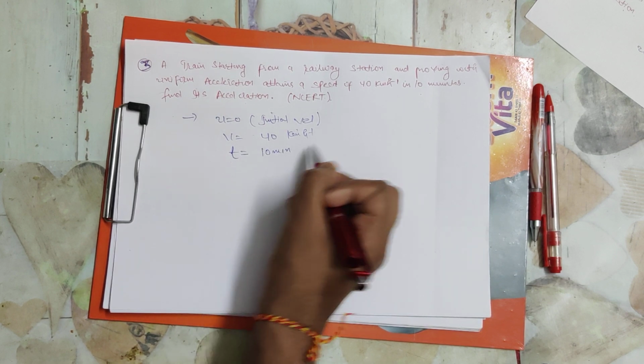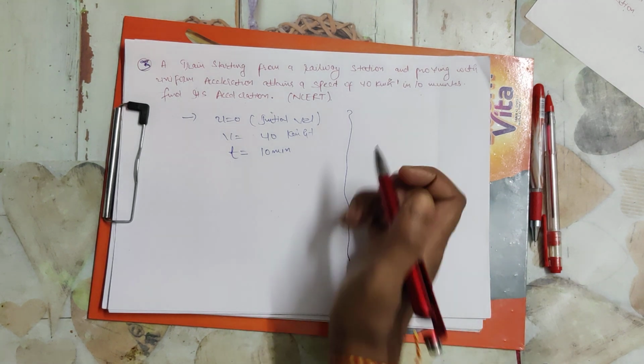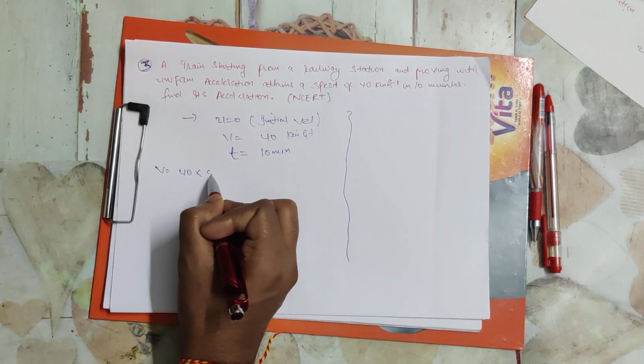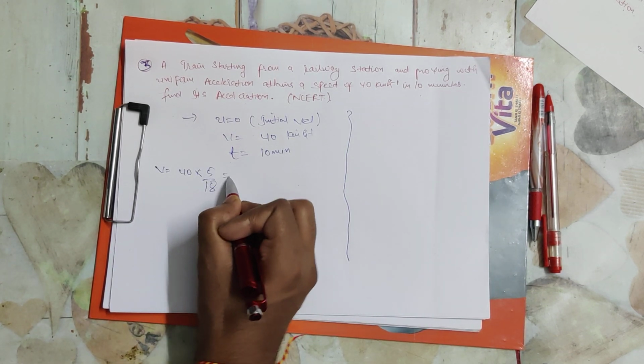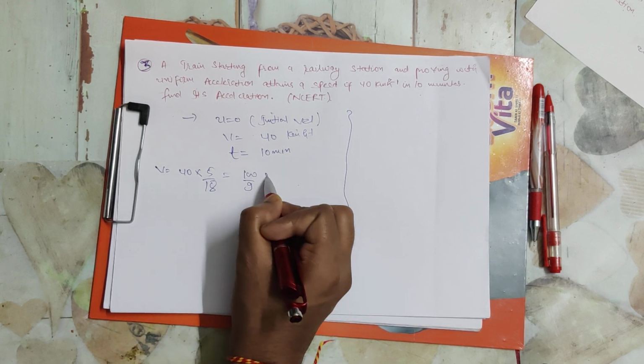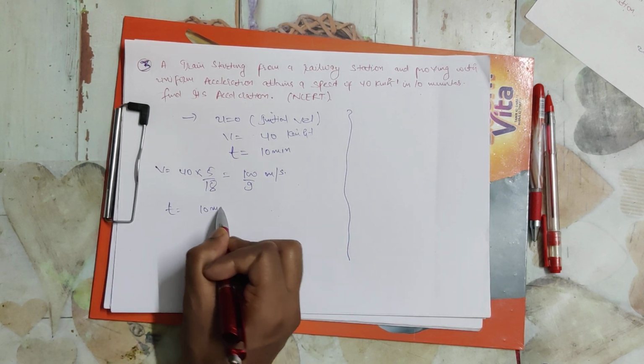They are both not in SI units, so you have to convert them. If you multiply this 40, v is equal to 40 into 5 by 18, so it would be 100 by 9, and time is 10 minutes.